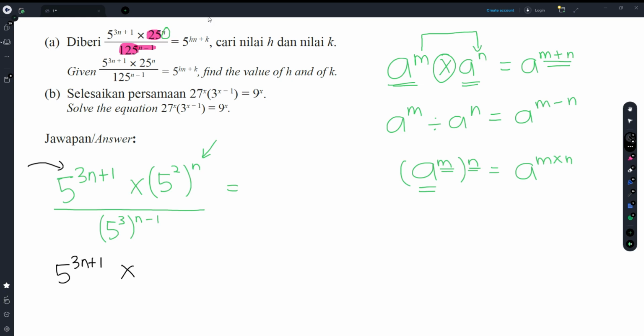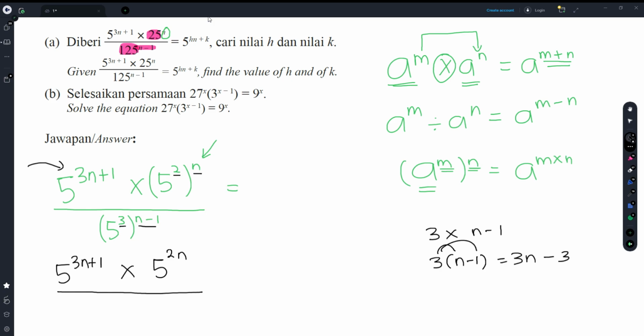For the next term, I multiply both powers, so it is 2n. At the bottom, I multiply 3 with n minus 1, so it's 3 bracket n minus 1, which gives 3n minus 3. So you write 5 to the power of 3n minus 3. That's how you do the first step for this question.